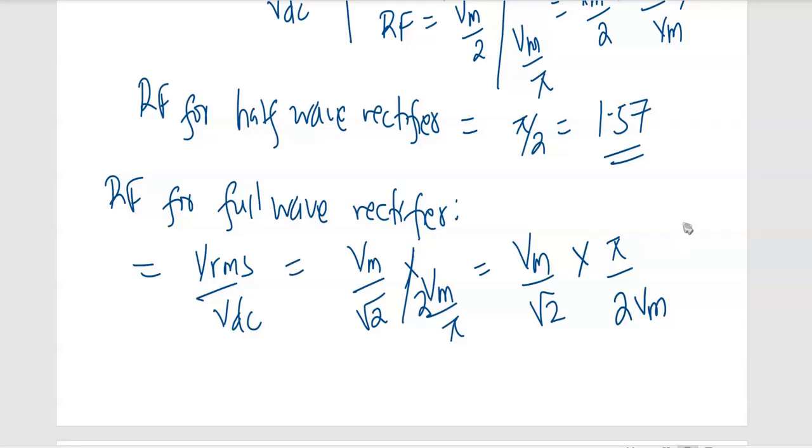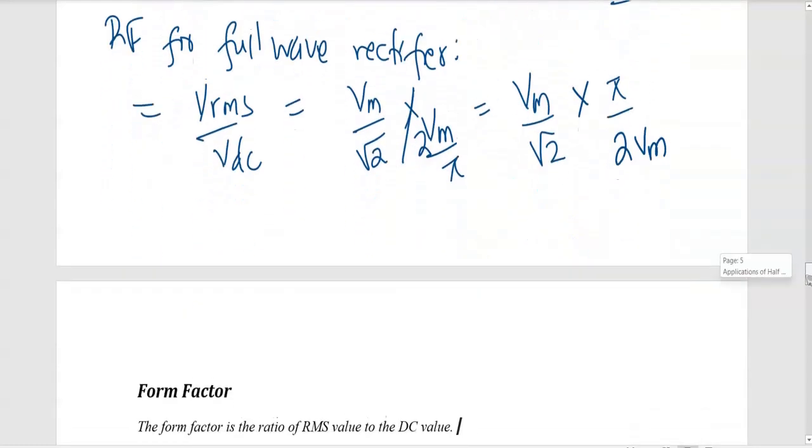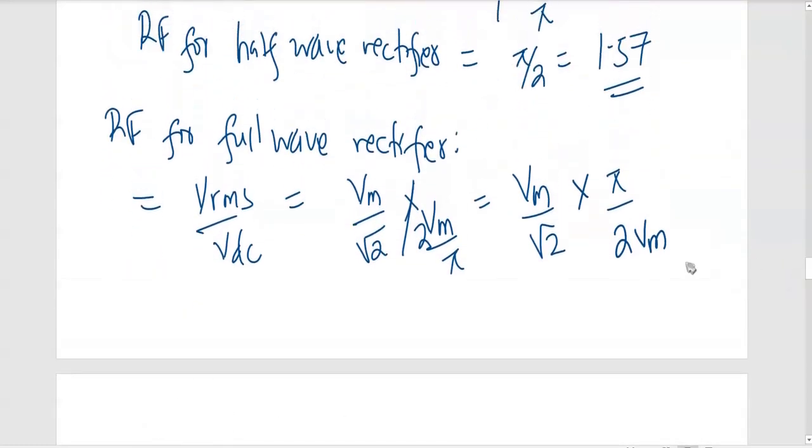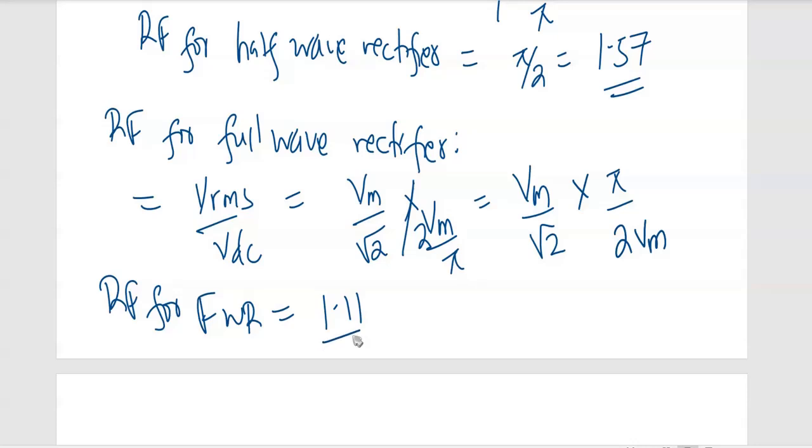If I take pi divided by 2, then divide by root 2, I have the RF for a full wave rectifier equal to 1.11.